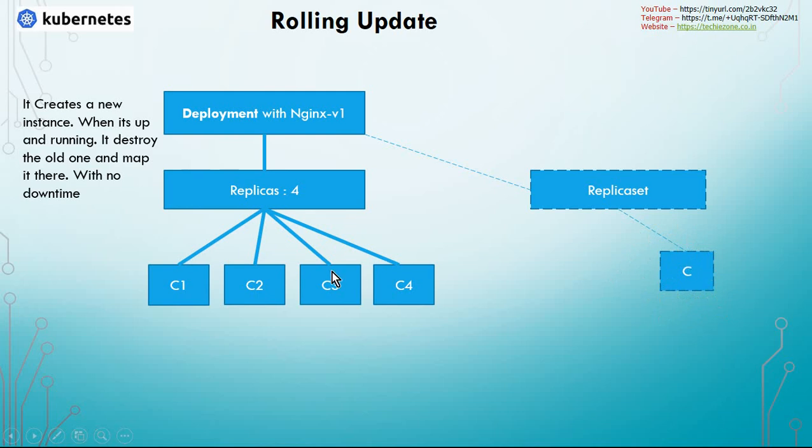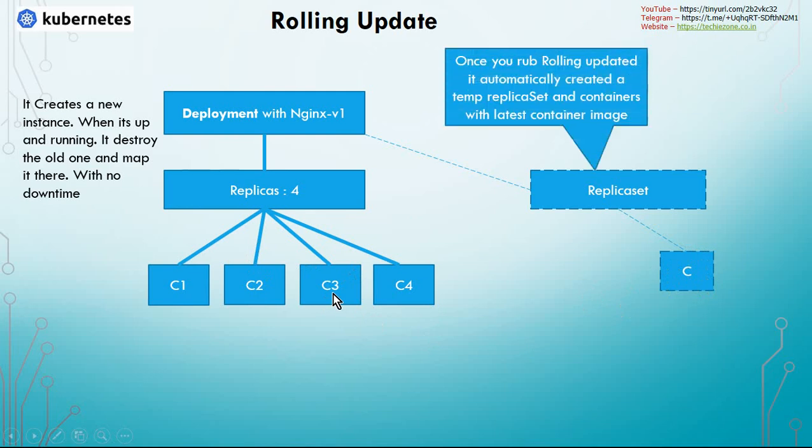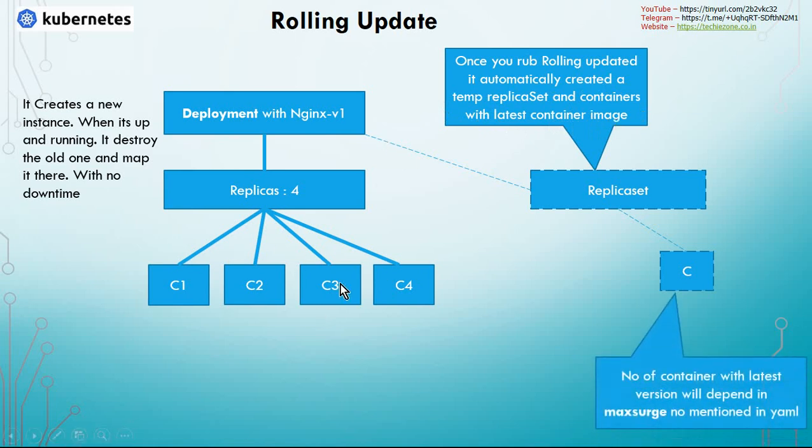Once it's created, it will destroy one from the old replica set and map this one in. Once that's updated, it will again create a new instance, check that it is fully working and operational, then destroy another old one and map the new one. So the rolling update automatically creates a temp replica and containers with the latest container image and then replaces the existing ones.